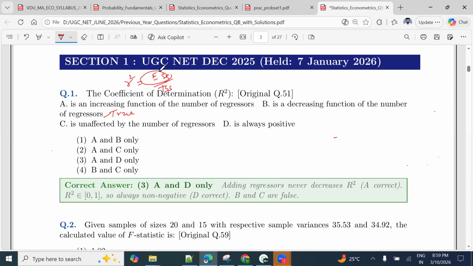Hence R square is an increasing function, because if your numerator is increasing, TSS remaining the same, then your R square will be increasing. It will be an increasing function of the number of regressors. Correct? Is it clear?